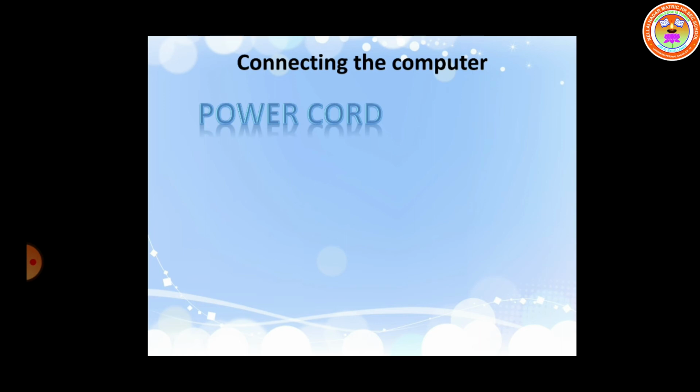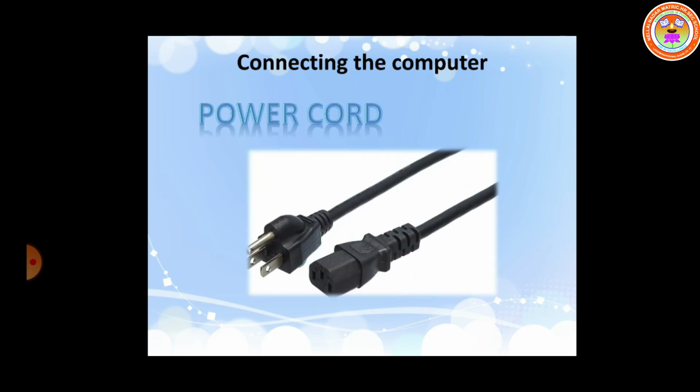Next, power cord. What is this power cord? Power cord temporarily connects an appliance to the main electricity supply. The devices need some electric supply, isn't it? So it helps to connect to the main electric power board.